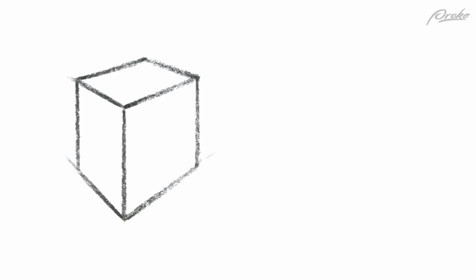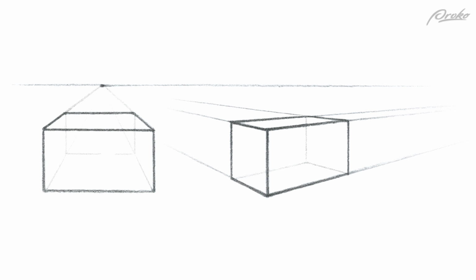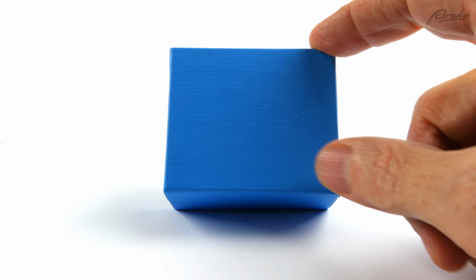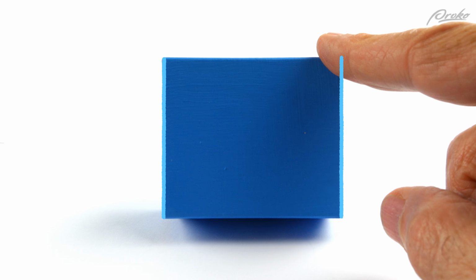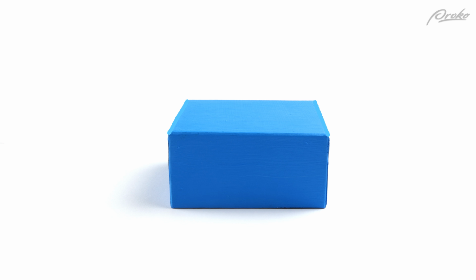They may converge dramatically or hardly at all. They may connect in the picture or out of the picture. In fact, they are parallel. If they don't go away, we see them as parallel. But if they go away, they converge at a vanishing point.